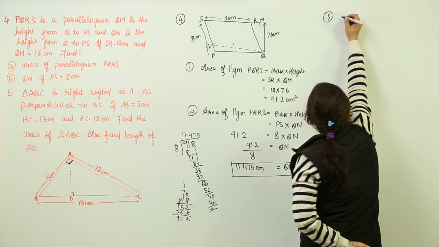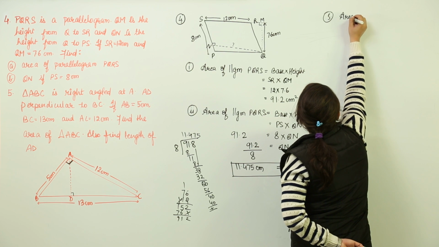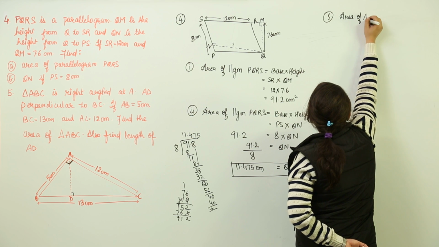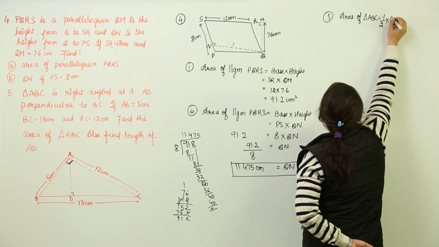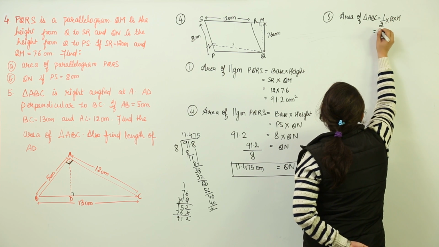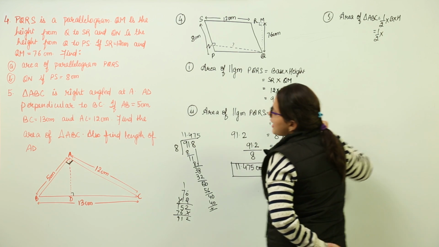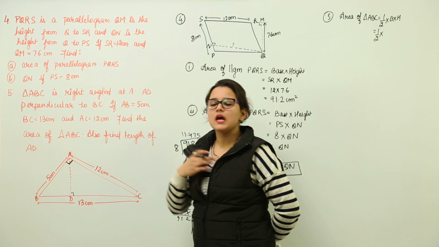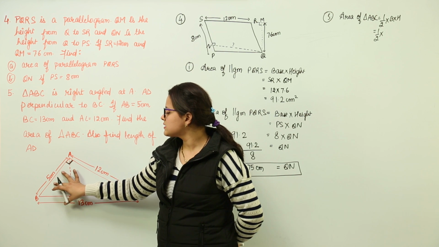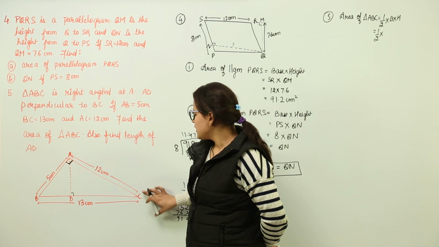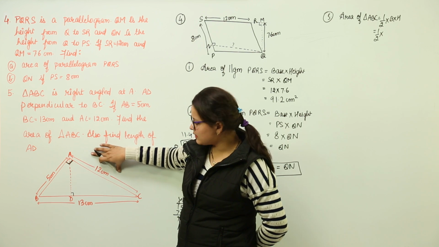So because ABC is a triangle, we can write area of triangle ABC as 1 by 2 into base into height. Now what is going to be the base? Because it is a right angle triangle, I am going to take AB as the base. If AB is taken as the base, from the opposite vertex, the perpendicular drawn is represented with AC.